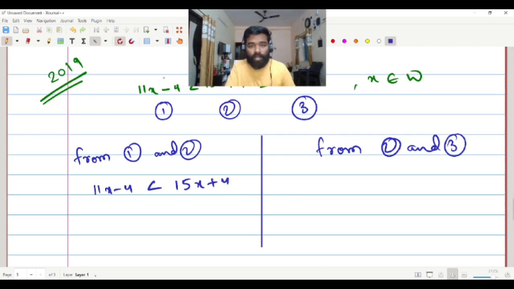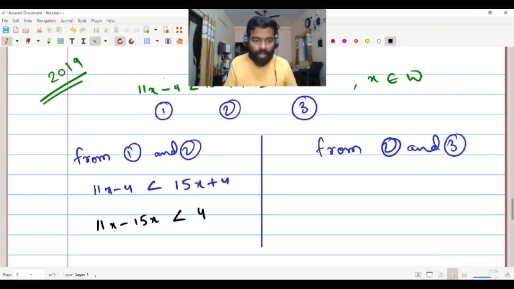Yes, so we need to do the same. We bring all the x's to the left side and numbers to the other side. So I'll take 11x minus 15x, and here I'll take 4 and minus 4 will come to the other side. It becomes plus 4. This is 4 plus 4, 8, and here we get minus 4x.